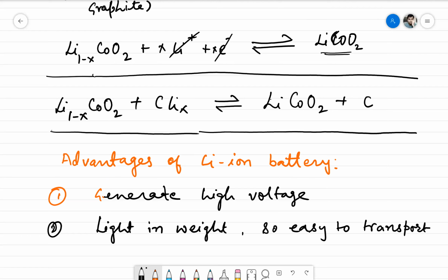Light in weight and small in size. And the disadvantage is that they get heated during use, so there is a risk of fire.